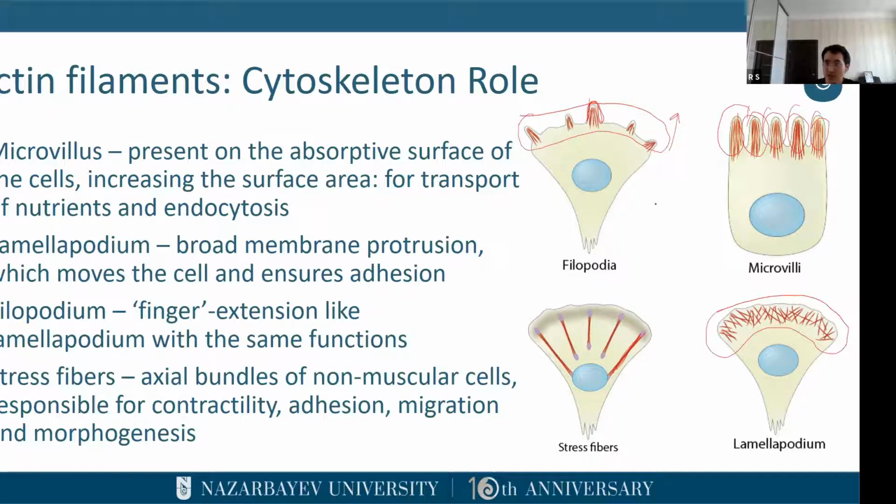So just imagine the cell first to be like this. And then it starts growing this filopodia, okay? And it builds it through the growing of these filaments towards the edge of the cell, okay?